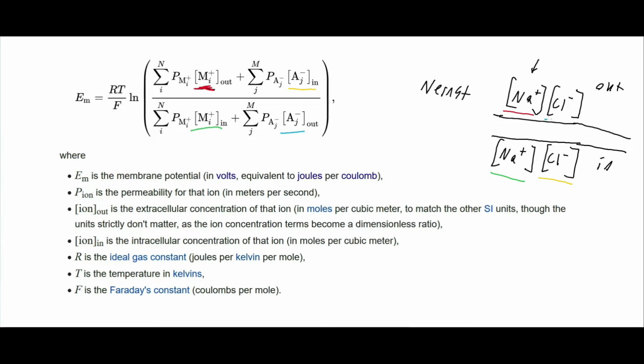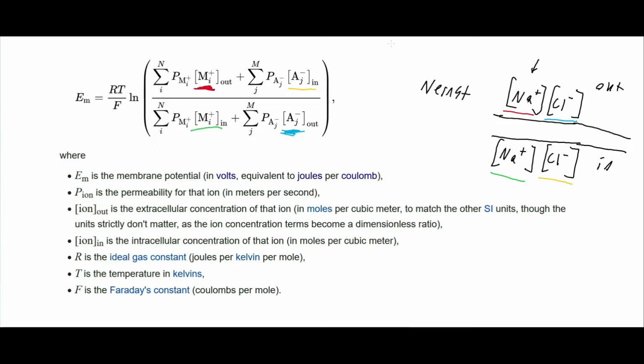And that makes sense because if we're talking about the positive ions outside and the negative ions outside, we see that one of those is in the denominator and the other is in the numerator here.